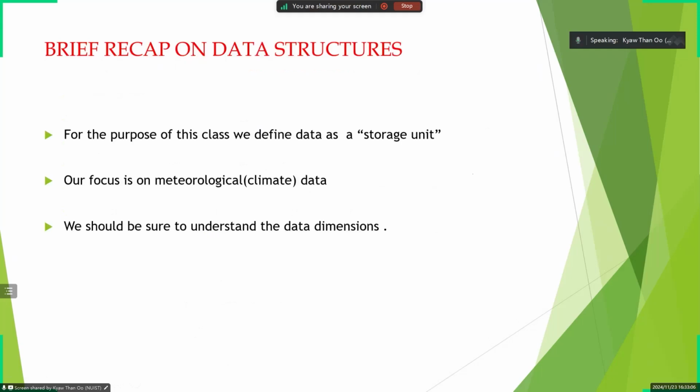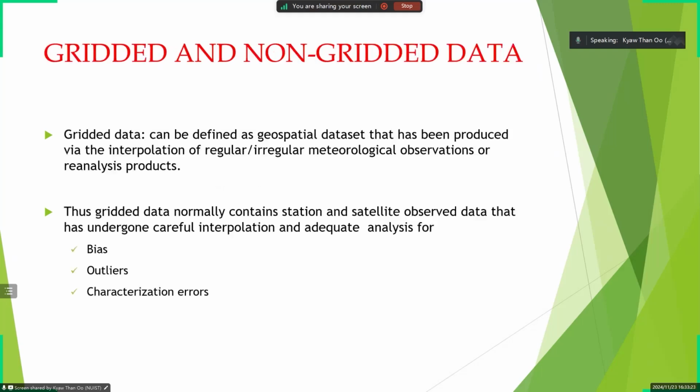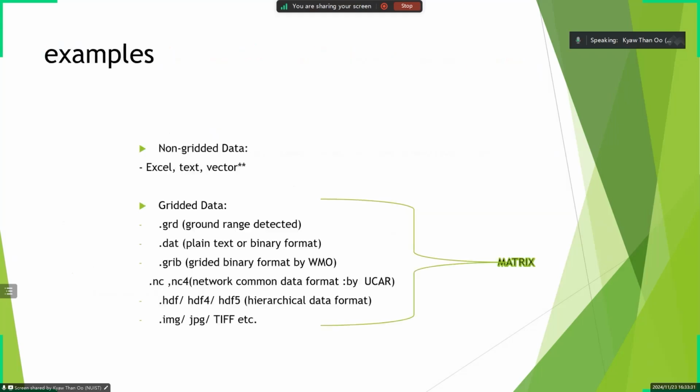Okay. Firstly, in here, I will skip this stuff because I already covered it in the previous lecture. Dimension, regarding the dimension structure of the data set, okay? So you already know those from my previous lecture. But in here, you already know the data set format. Non-gridded data are ASCII text files.